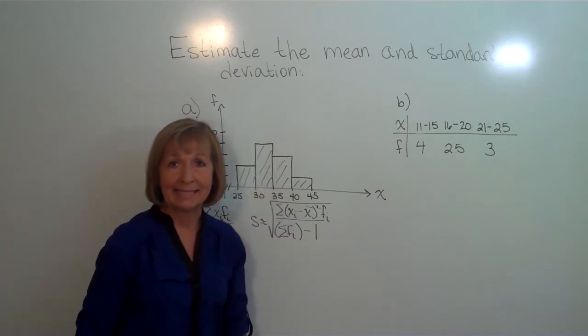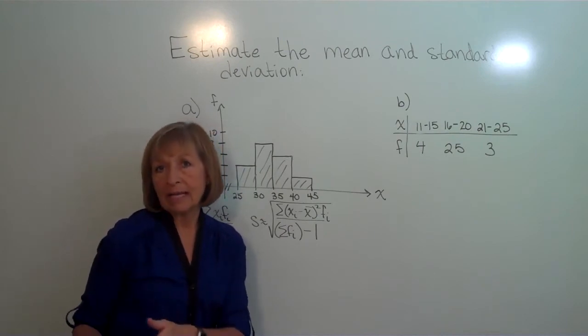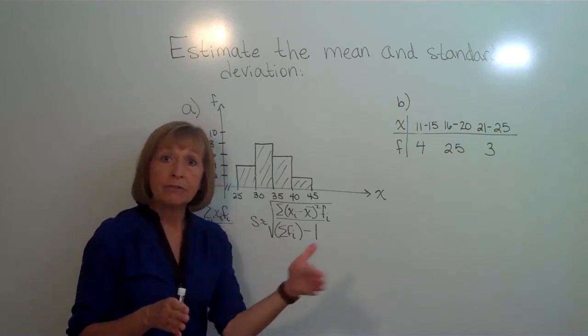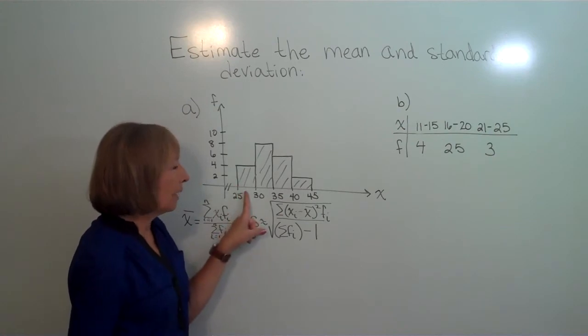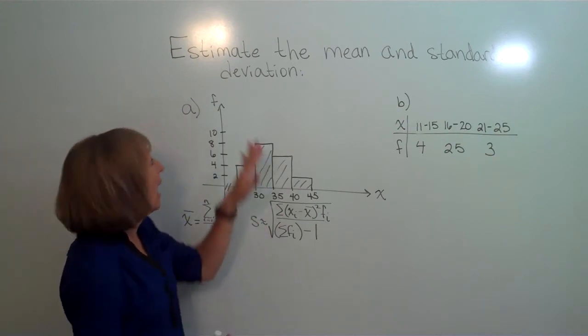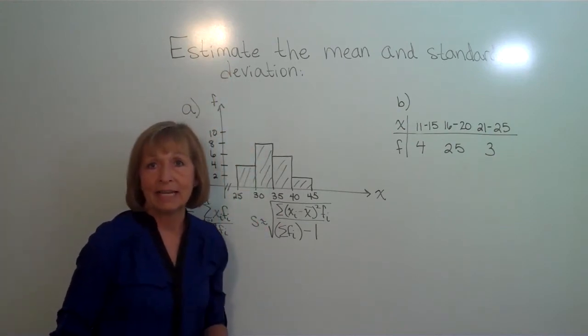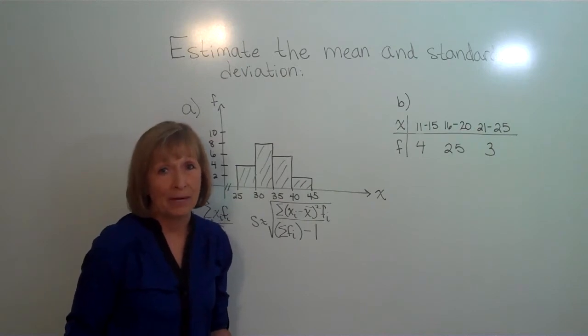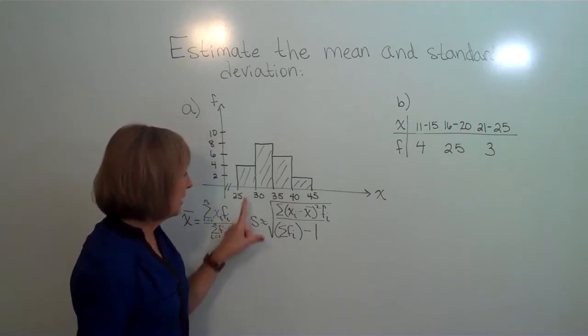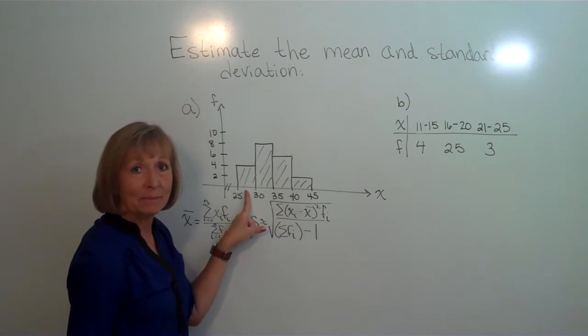So going back for this one, because it is giving us the numbers along the horizontal axis at the lower class boundary and the upper class boundary for each class, a better representative to use to estimate the mean and the standard deviation would really be the class midpoints. So the first thing I'm going to need to do is find the class midpoints.